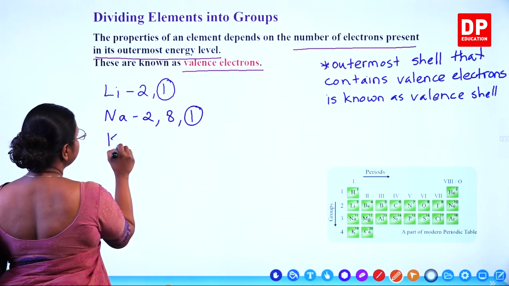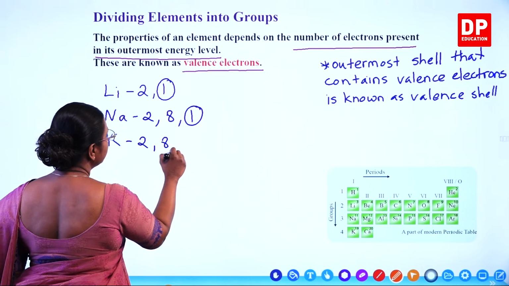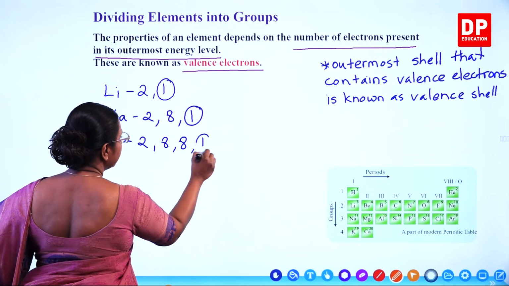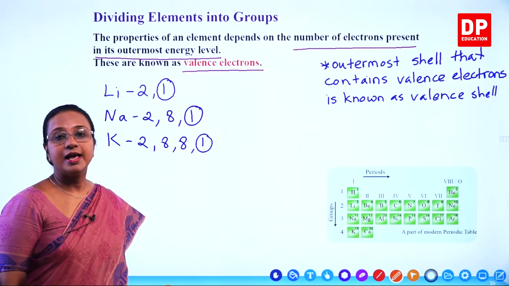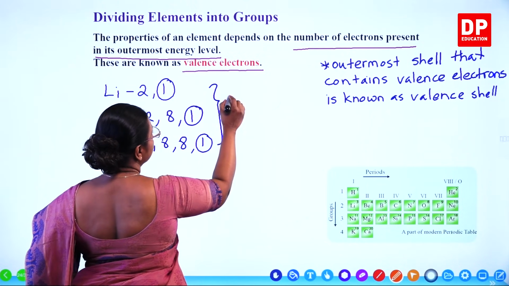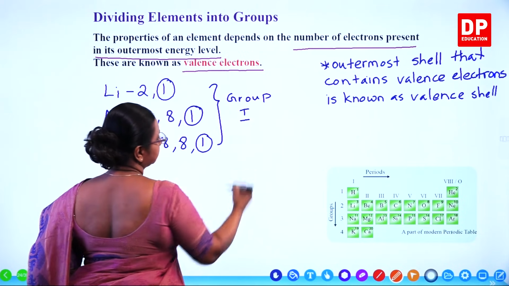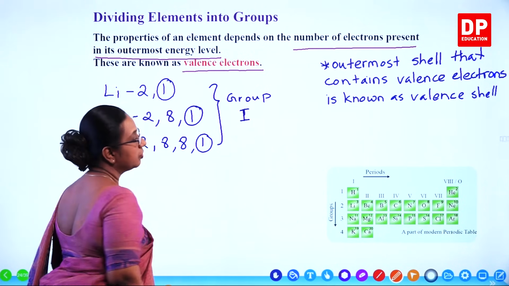Potassium, atomic number 19, electronic configuration 2, 8, 8, 1, again 1 electron. So all these 3 elements go to group 1.